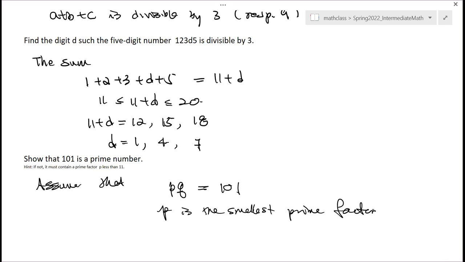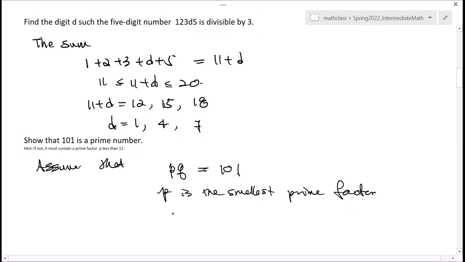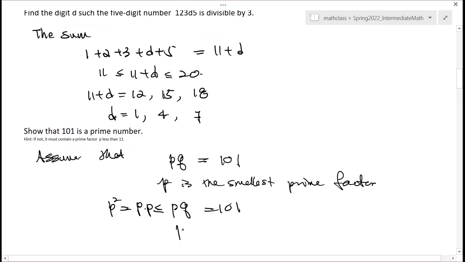So what is that P? Then P should be less than or equal to Q, so Q should be greater than or equal to P. That means PQ is greater than or equal to P times P, which is P squared. It's 101. So if 101 has a prime factor, that P cannot be larger than 11.